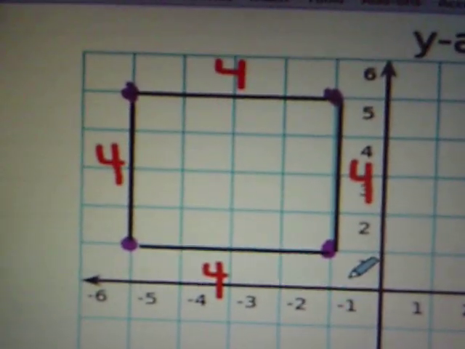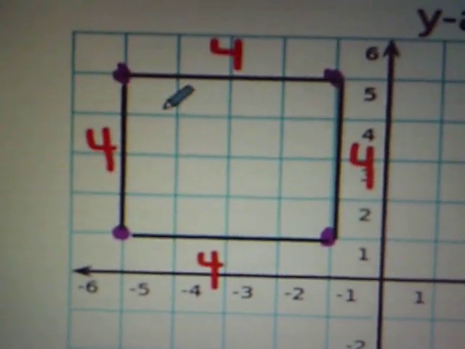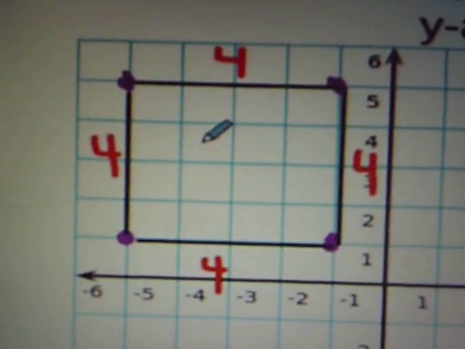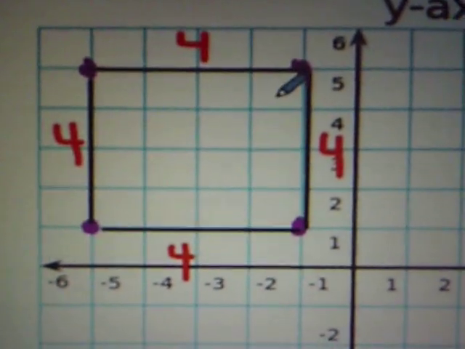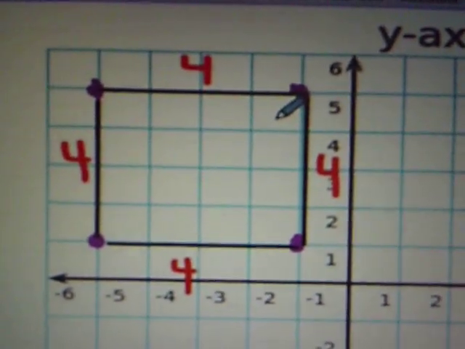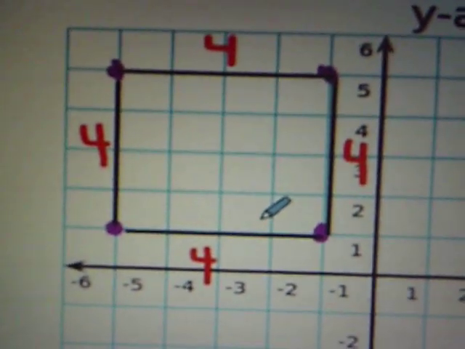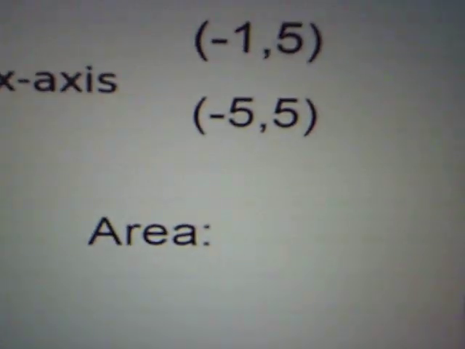So now let's find our area. How many squares are on the inside? Well, we can of course count 1, 2, 3, 4, 5, 6, 7, 8, 9, 10, 11, 12, 13, 14, 15, 16, which is a very acceptable method, but for some large shapes, and for shapes where we don't have a grid, it's impossible to count, or very hard to count. So we just use our area formula.